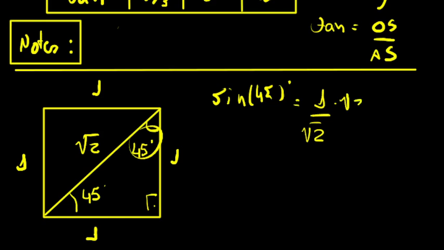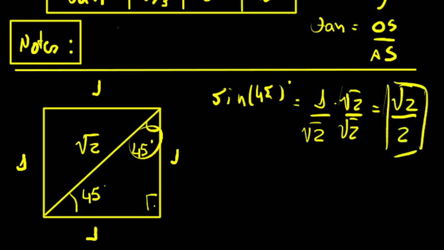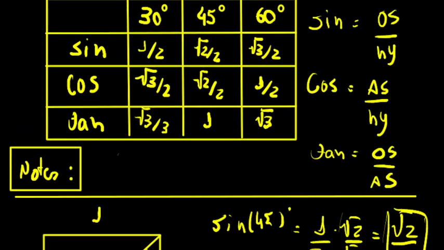We can multiply by 1, which is exactly 1, and we get the square root of 2 over 2, and we can verify in the table, and that's right.